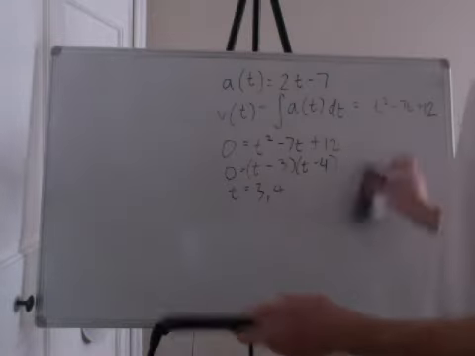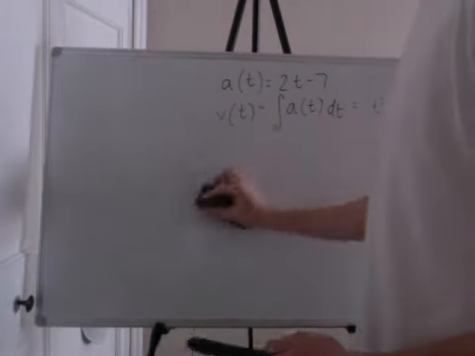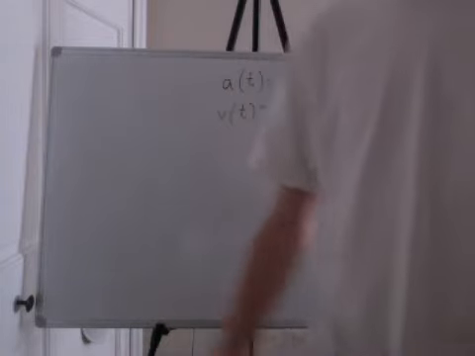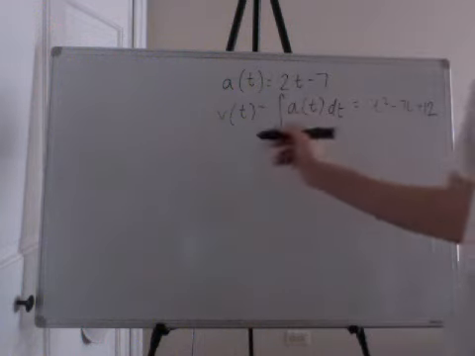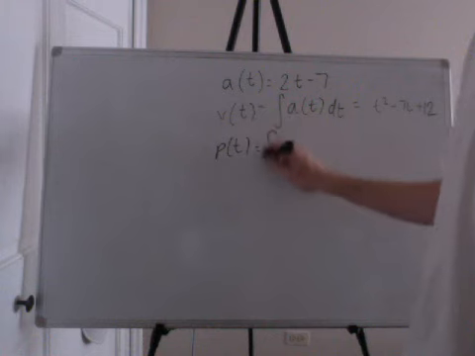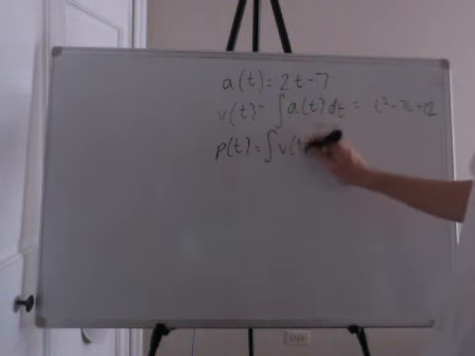Then the last thing it says is find the equation for the position of the line, p of t, if the initial position is 3 feet in the positive direction. Well, we'll do the same thing again. P of t for position equals the antiderivative of v of t dt.